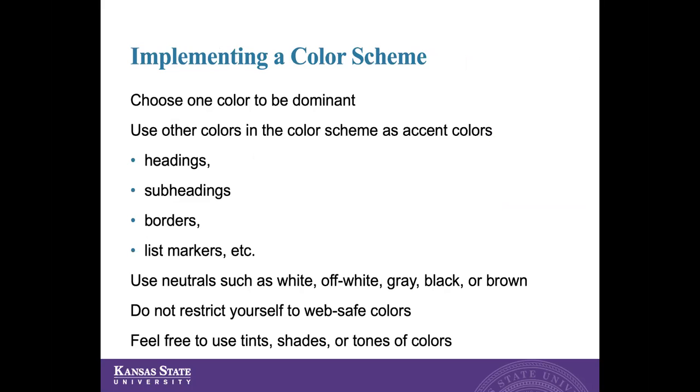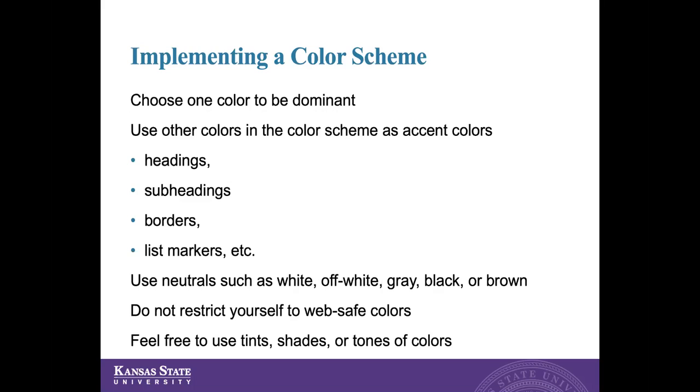When we're implementing a color scheme on a web page, you always want to have one color that's the dominant color. Then you use the other colors more as accent colors within your headings, subheads, borders, things like that.